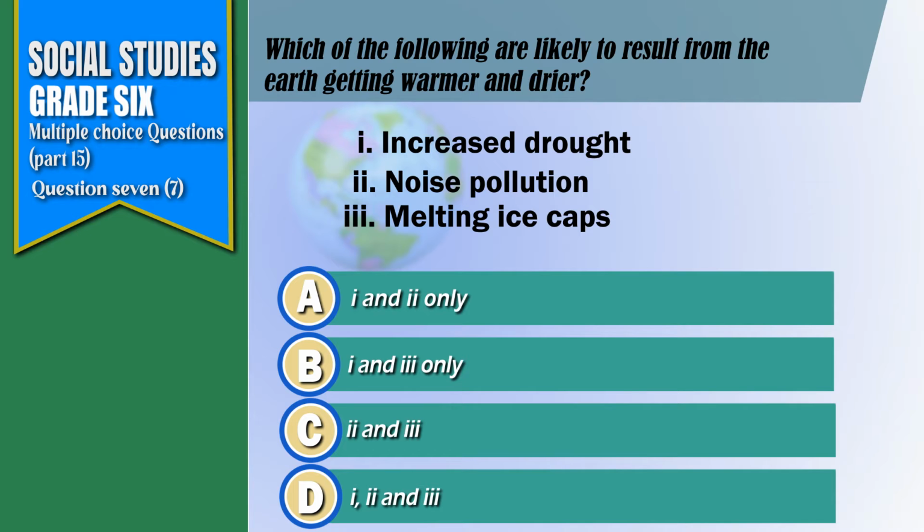Roman numeral 2, noise pollution. And Roman numeral 3, melting ice caps. For question 7, there is a combination for you to choose from either A, B, C, or D.